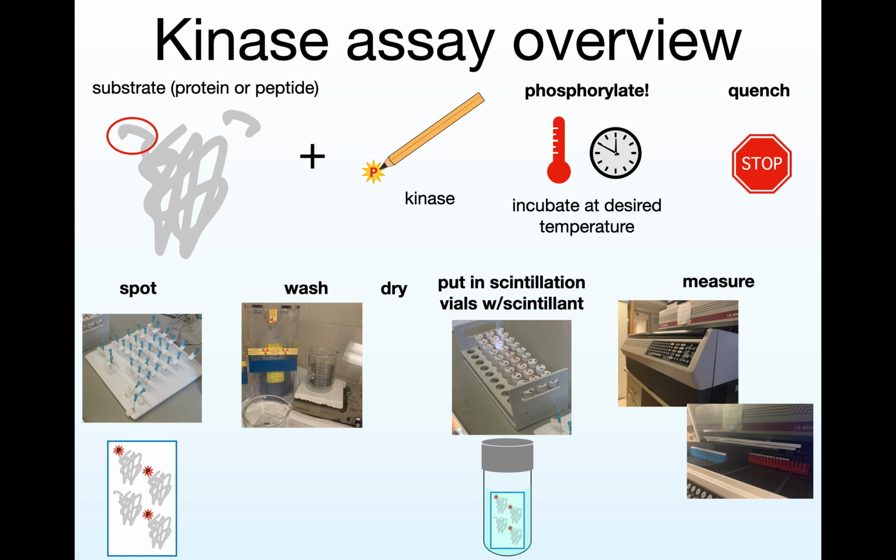You put these vials in little racks, and it moves the rack along and counts the radioactivity that's going off. Then you also measure the radioactivity of your hot ATP mix, so you can calculate the activity and the stoichiometry and all of that fancy stuff.